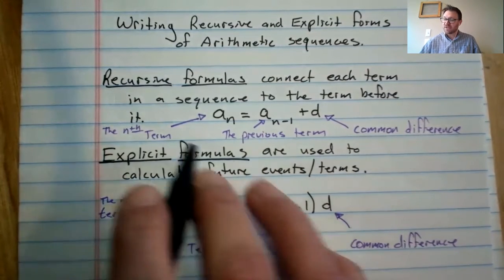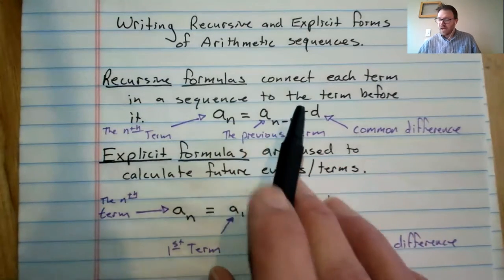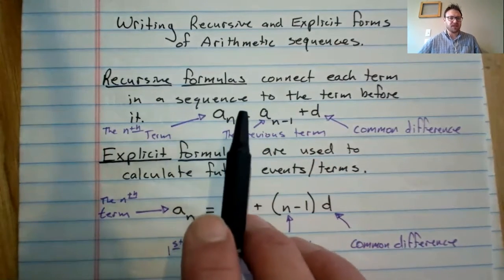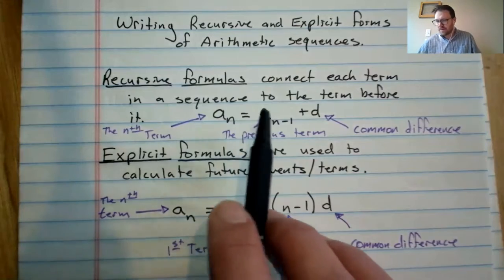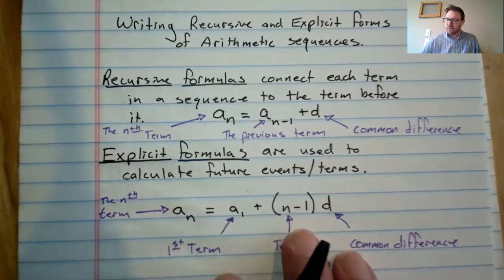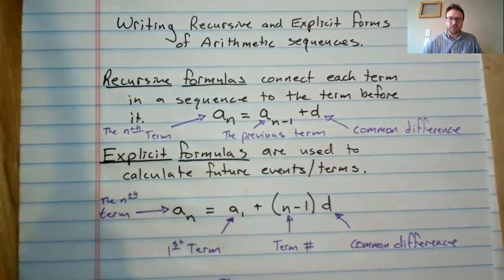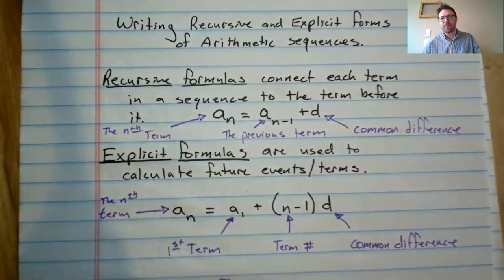Maybe take a moment and read over it, really think about what I said, maybe rewatch this portion of the video, just to make sure that you're understanding it and not just having it go in one ear and out the other. All right, so why don't you go ahead and take a pause now and either rewatch this, write down the notes, just really go through what recursive and explicit is. Go ahead and pause now.